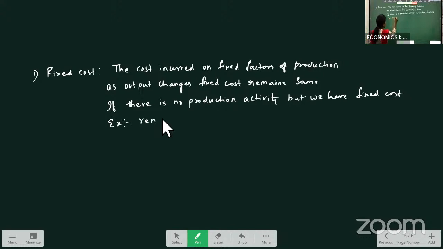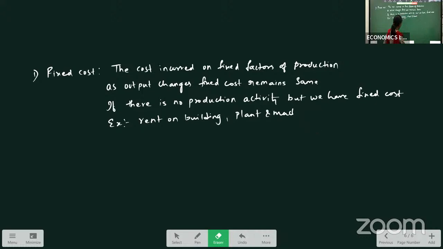Example, rent on building, cost of plant and machinery. These are called as fixed cost. What are fixed cost? That cost which are incurred on fixed factors of production.